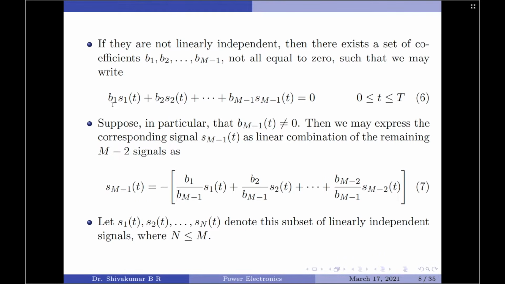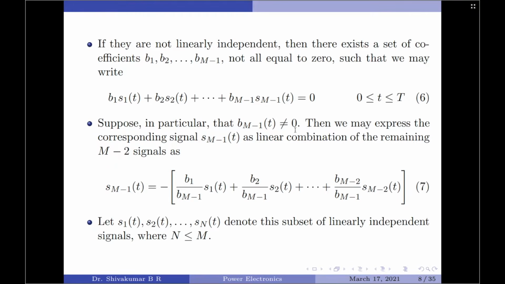That is, b1 into s1 of t plus b2 into s2 of t, etc., till bm minus 1 into Sm minus 1 of t equals 0 over the condition t varying between 0 to capital T. Once again, let us assume the last signal, which is Sm minus 1 of t, is a dependent signal. In such a scenario, the coefficient bm minus 1 will not be equal to 0.